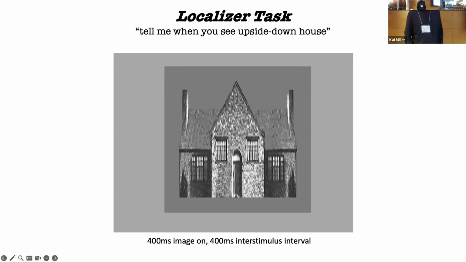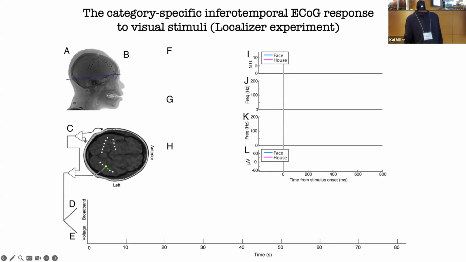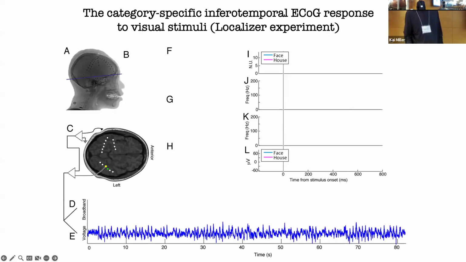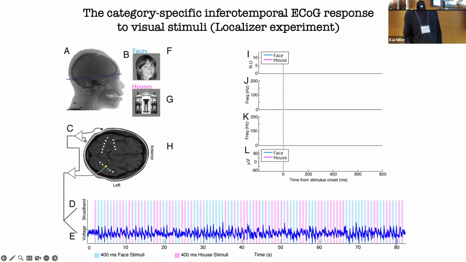Patients were supposed to tell us when they see an upside down house. We could look at particular electrodes here and measure the voltage, and see what happens with faces and houses. That face is my favorite face.